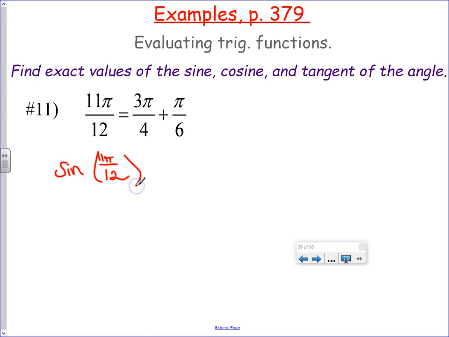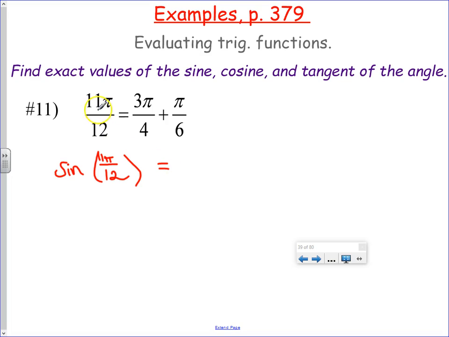No. And we don't want to memorize any more of the unit circle, right? So, since we can't do this by hand, oh, it must be a calculator problem. There's no other way to do it, wait, look what they showed us. They showed us 11 pi over 12 can come from 3 pi over 4 plus pi over 6 if we got common denominators of 12ths and put it together.